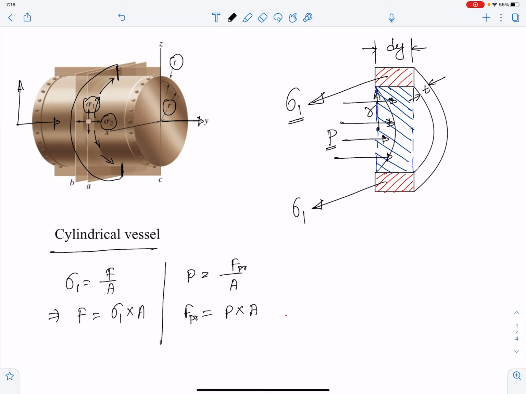Again this is the y direction, the circumferential direction is x, and the vertical direction is z. So we are looking into the x direction actually.